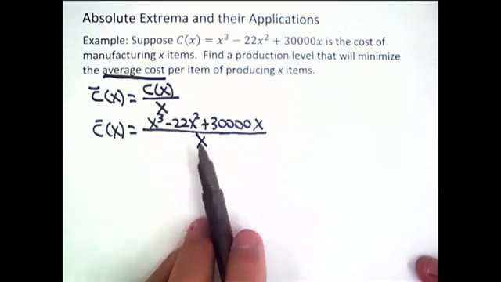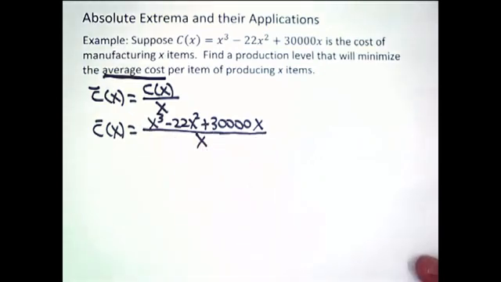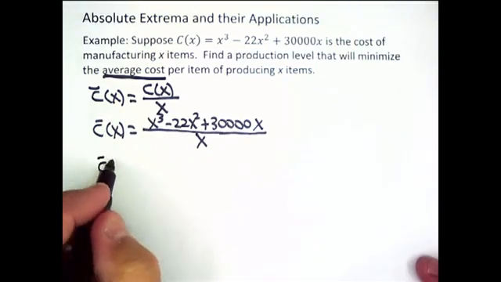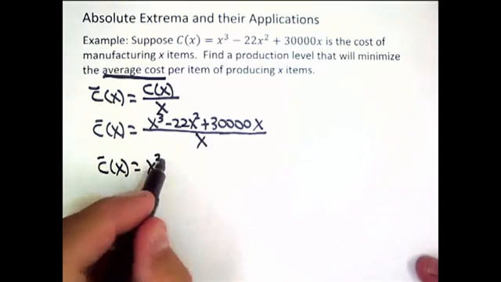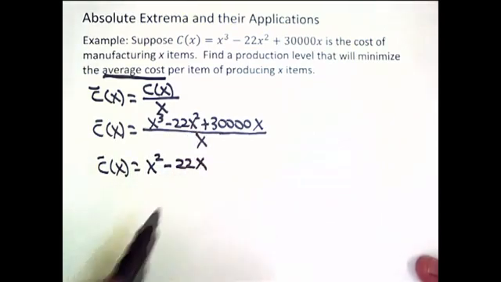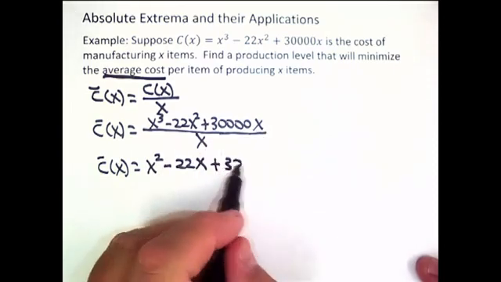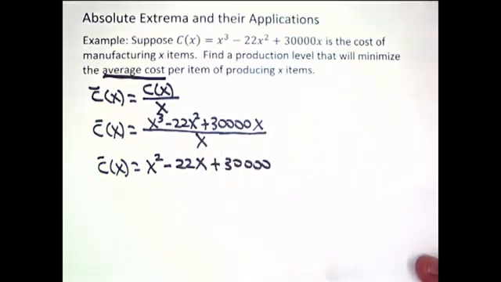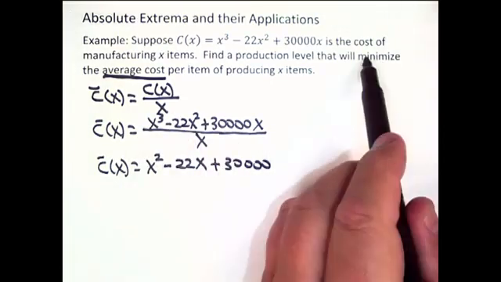I can factor the x out and cancel it, or think about the x going into each term individually. Either way, when you take x into x cubed, you get x squared. When x goes into 22x squared, you're left with minus 22x, and when x goes into 30,000x, you're just left with the 30,000. So this is the average cost function, and that's what you want to minimize.